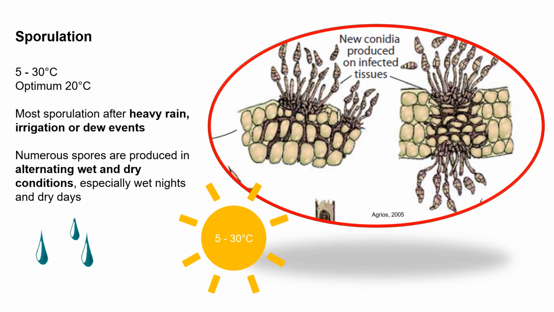In the dry conditions, in other words, during the day when the leaves dry out, the spores will be formed and they will sit on the surface of the leaf. And then during a wet night or a dew period or irrigation, the sporulation will continue and the conidia will be produced on infected tissues.